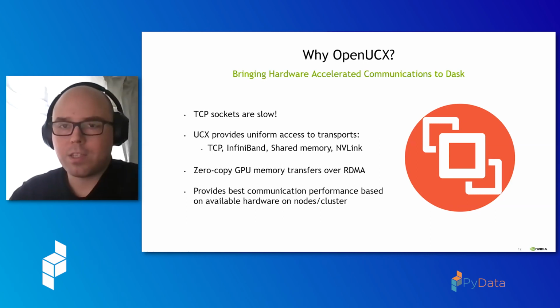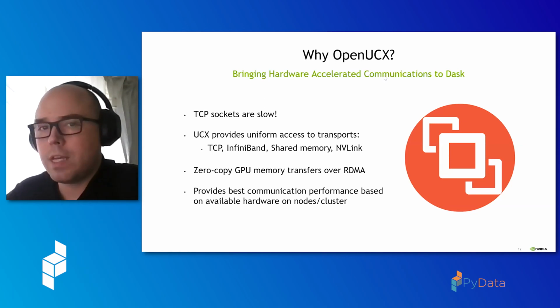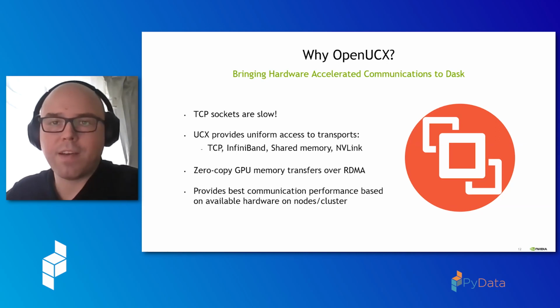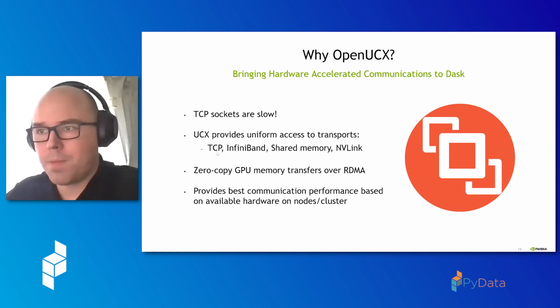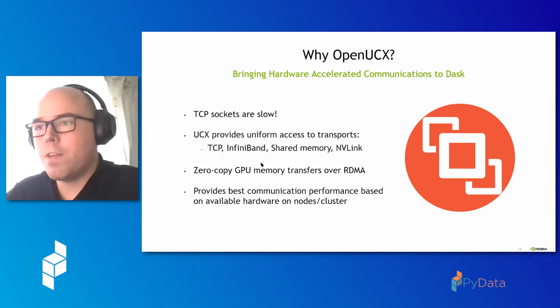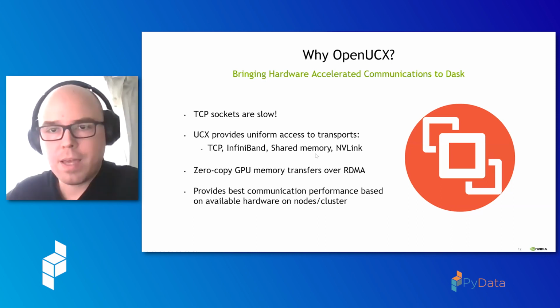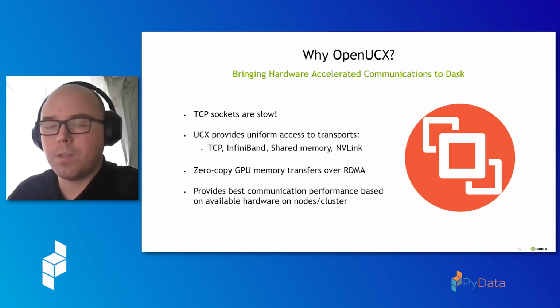We are aware that a lot of problems will be larger than the memory footprint of a single GPU, and with OpenUCX, we can build very large GPU systems that from the perspective of a user behave as one extremely large GPU. This is achieved because UCX not only supports basic protocols like TCP, but also can support InfiniBand and shared memory technology. So it supports a technology that we've introduced called GPU Direct RDMA, where GPUs can exchange memory between each other, not bothering the CPU and talking to each other directly.